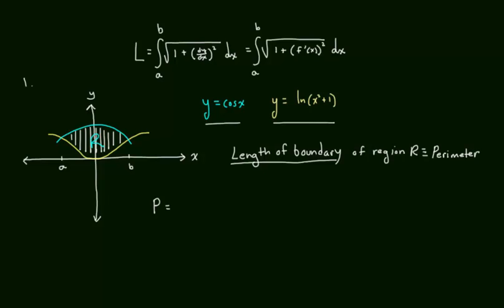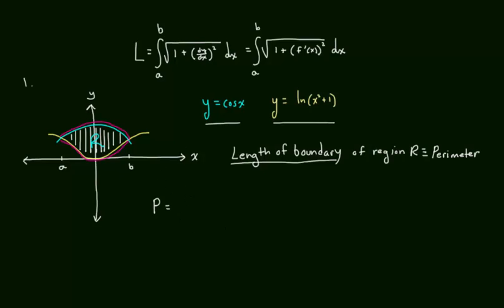So in logic, what we need to do is find the length of the blue curve here, find the length of the yellow curve here, and add the lengths in order to get the perimeter.